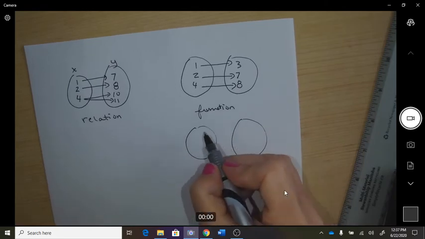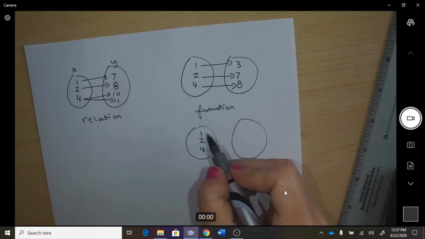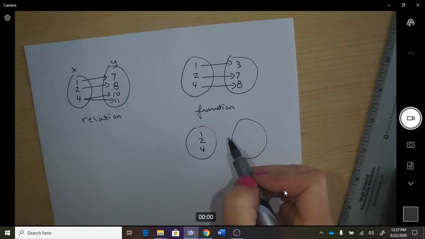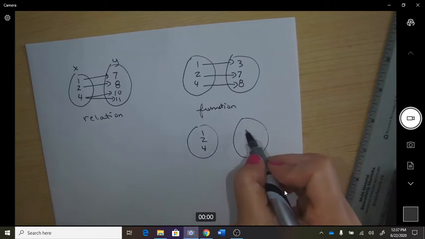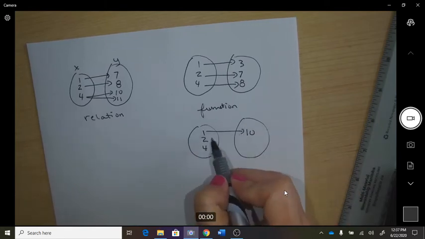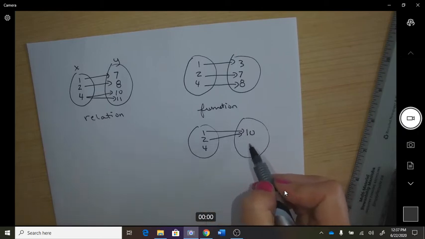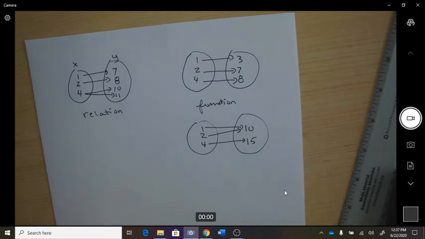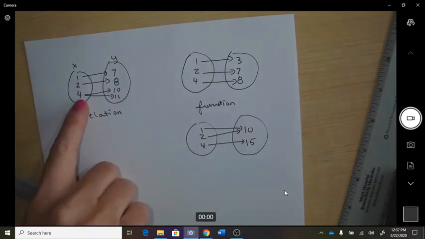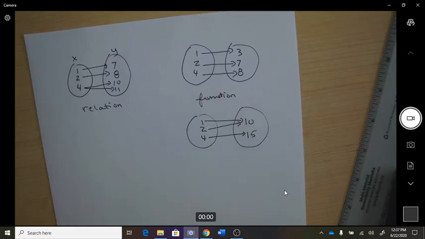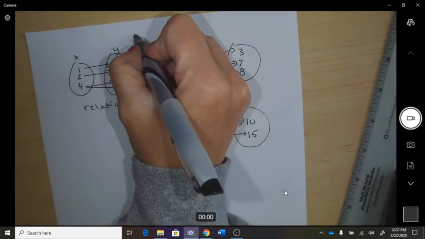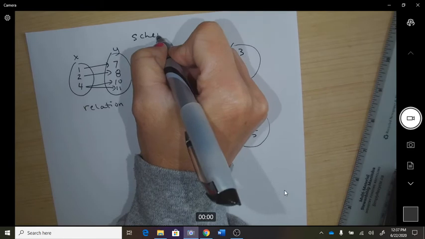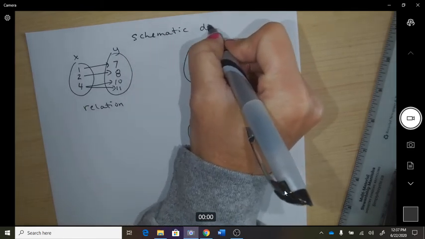And another diagram that would also be a function. Okay? So here is what doesn't make it a function. So when an x goes to two different y values. Okay, so you might see it in that form, a schematic diagram.